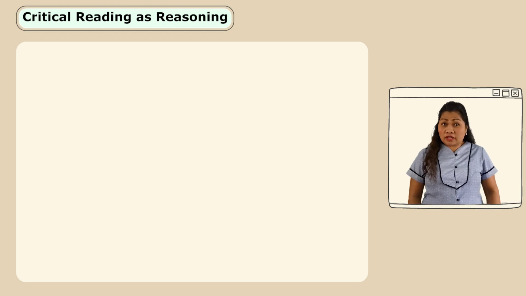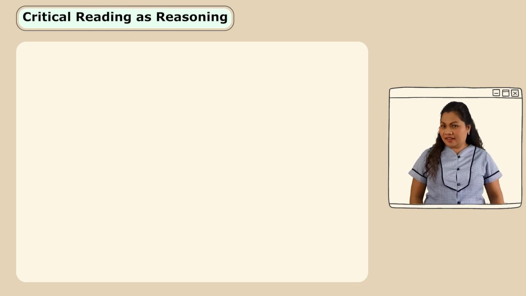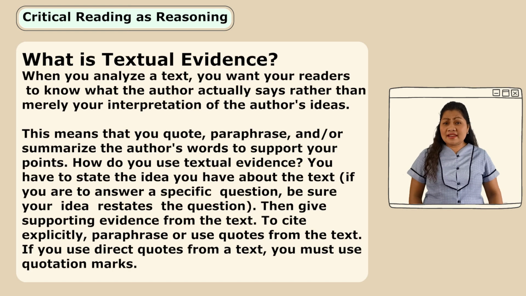So we should be talking about textual evidence. When you analyze a text, you want your readers to know what the author actually says rather than merely your interpretation of the author's ideas. So this means that you quote, paraphrase, and or summarize the author's words to support your points.